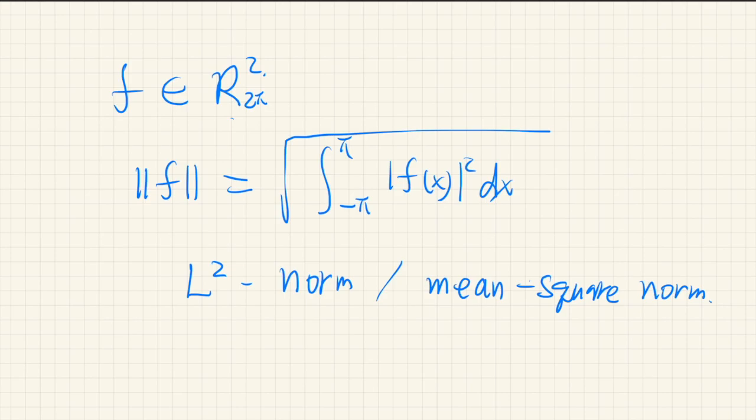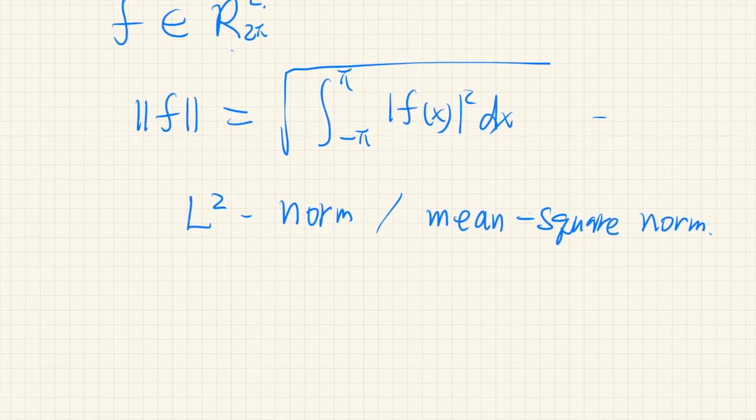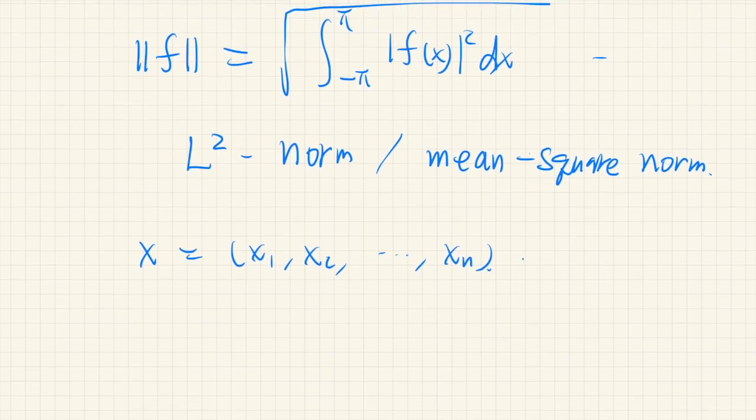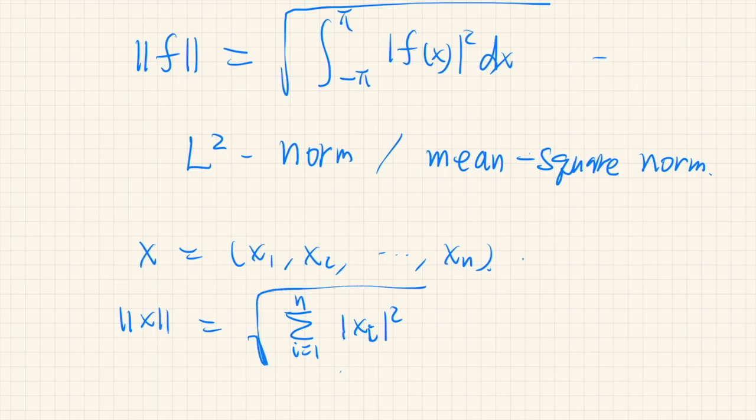Well, if you compare this norm to the norm of the n-dimensional Euclidean space, a vector space, suppose x is something like this, x1, x2, up to xn. So this is an n-dimensional vector. Its Euclidean norm was defined as this: the sum over i from 1 to n of xi squared, and take the square root.